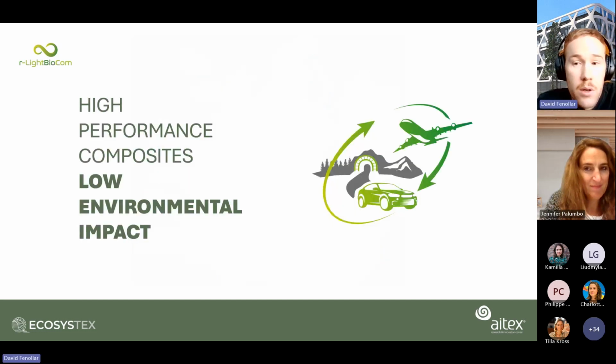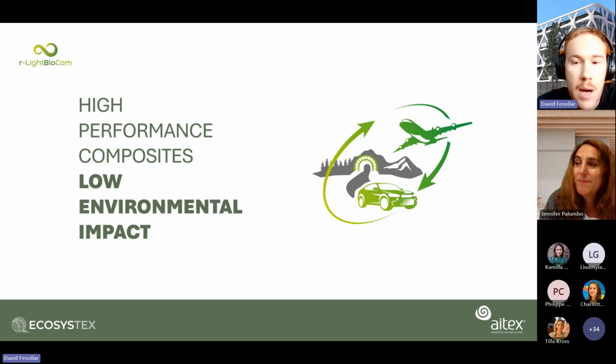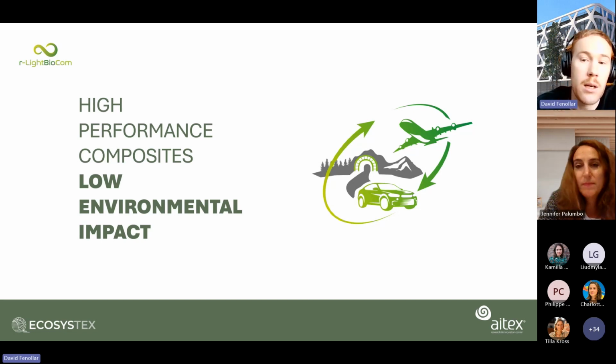The main objective of R-LIGHTBIOCOM is, as said in the slide, to obtain high-performance composites at low environmental impact. That means to minimize the ecological footprint of novel high-performance composites through their life cycle, including production, recycling, and use. This is coupled with enhanced mechanical performance, reduced weight, and novel functionalities.